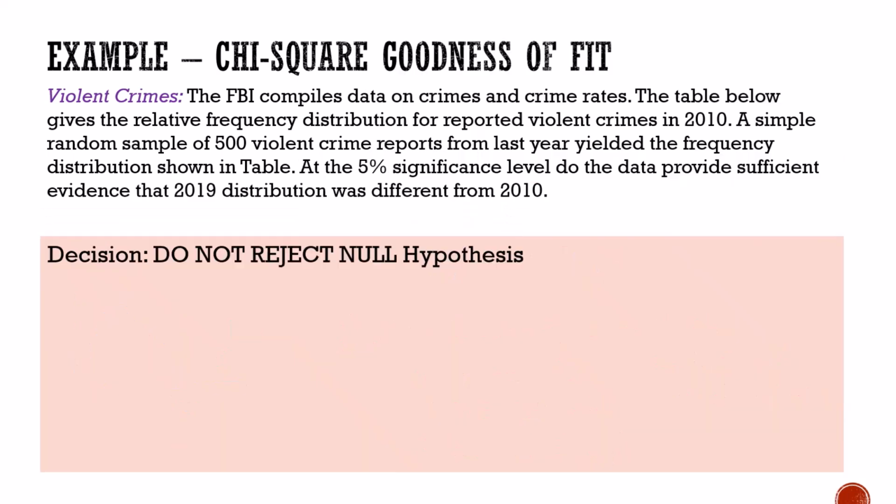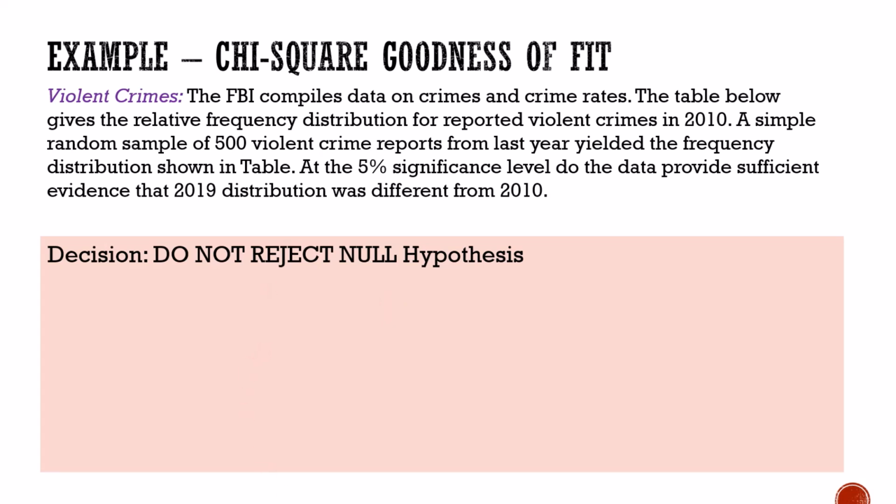Finally, we will formally state our decision, which was do not reject the null hypothesis. Now, the null hypothesis had stated that there was no change in the distribution between 2019 and 2010. Correct? Now, when we make our interpretation, that should be in agreement with the decision.